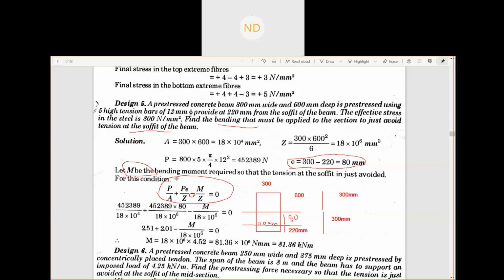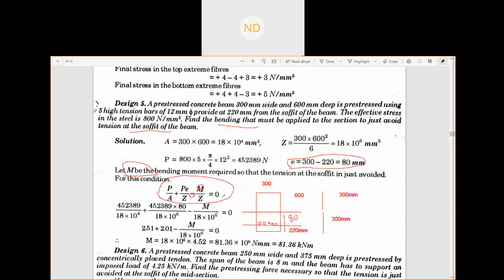At the bottom we are trying to find the bending moment M. The stress due to eccentricity PE at the bottom is positive, so at the bottom it is compression due to this eccentricity.